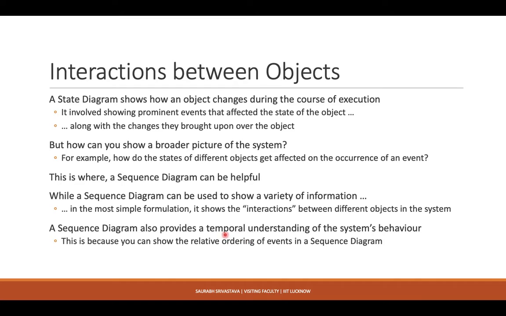Okay, so when I say temporal view, it means that I am trying to show how certain things happen in my system on the timeline. So you are trying to show what event occurs when. That is the idea.